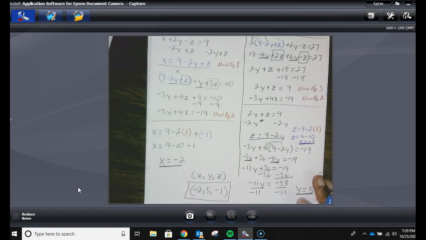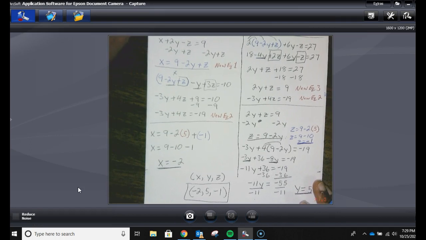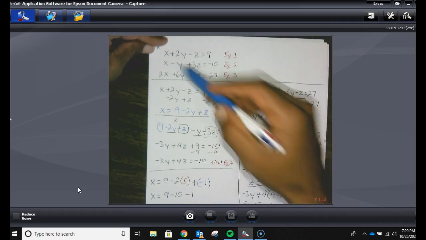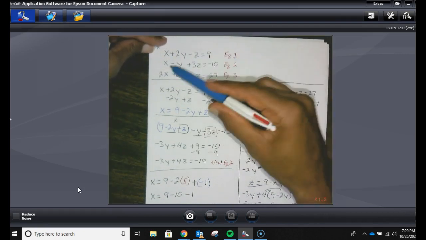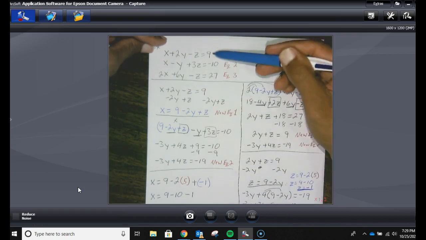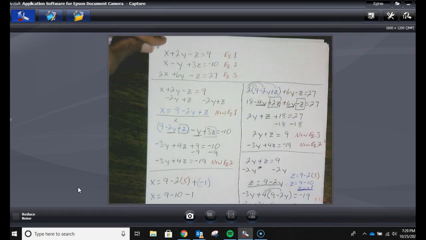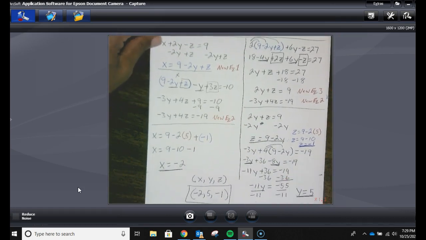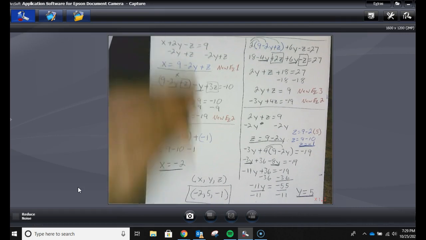You can always check your solution by plugging it back into the original problems. So if I plug those three solutions back into x, y, and z in the first equation, x, y, and z in the second, x, y, z in the third, and see if they give me the numbers on the right. And in this case, they do. I'm telling you they do. So the solution is -2, 5, -1.